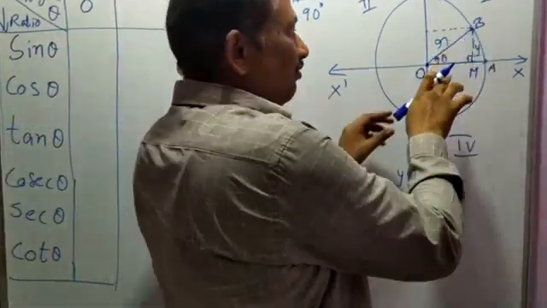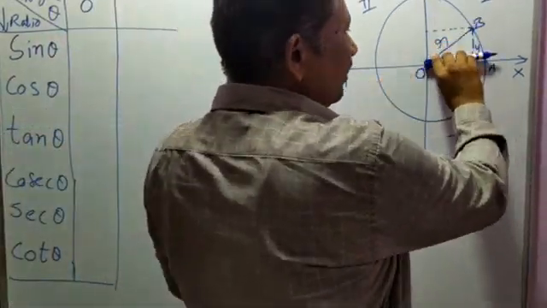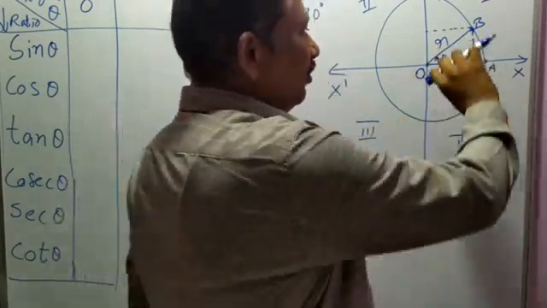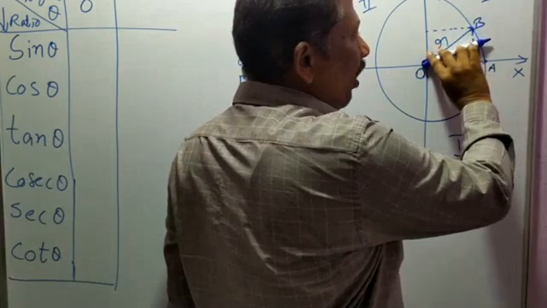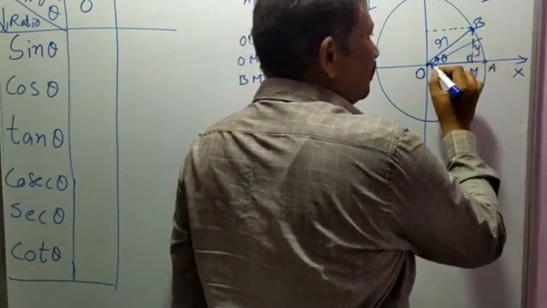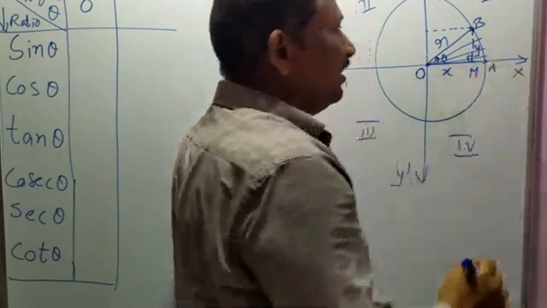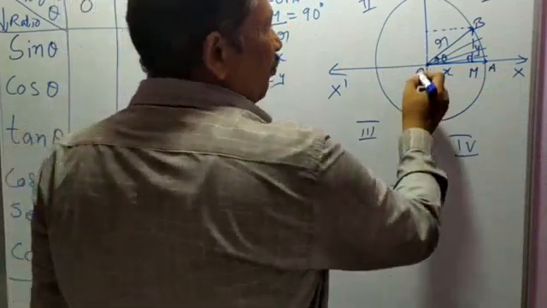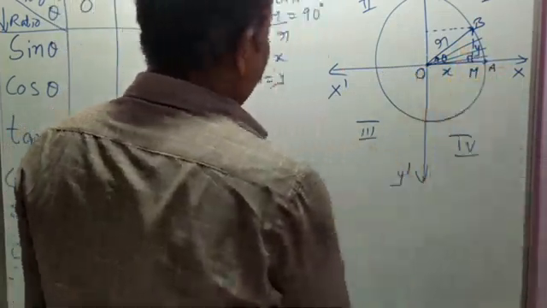When the radius vector coincides with the x-axis, the angle is 0. Gradually, as it moves, the length of y decreases, and finally the length of y becomes 0 and OB coincides with OM.